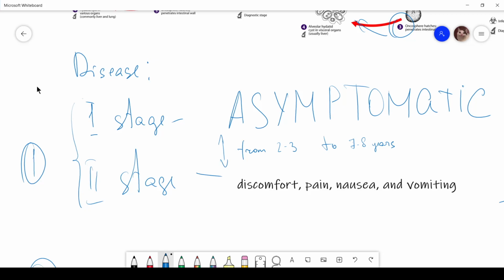The rate at which symptoms appear typically depends on the location of the cyst. For example, hepatic and pulmonary symptoms are the most common clinical manifestation, as these are the most common sites for cysts to develop.